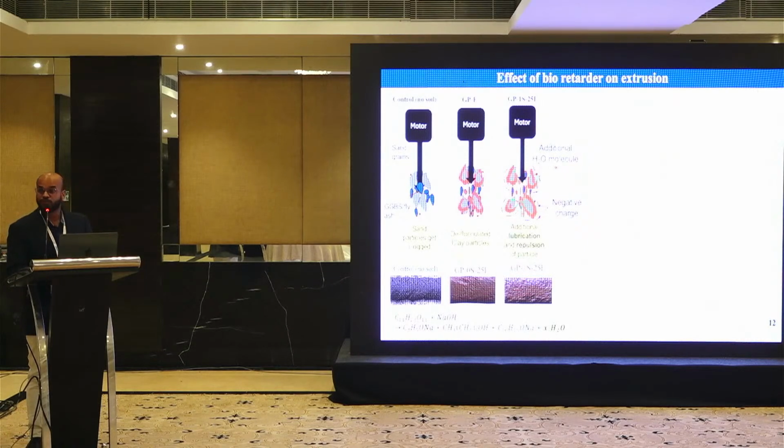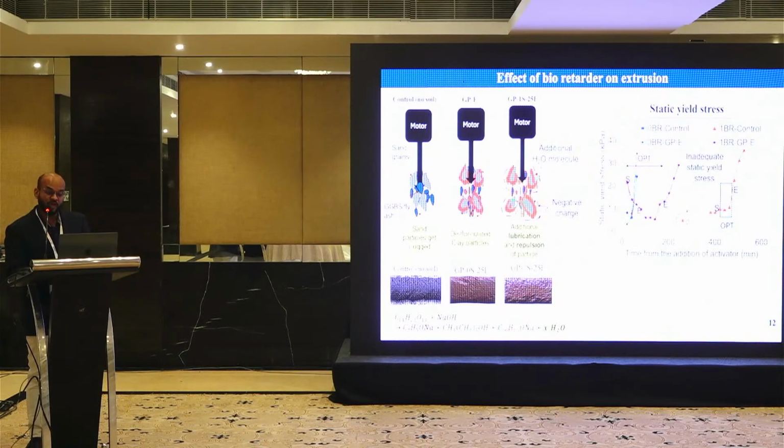Here the sucrose, added as a bio-retarder, produces additional water and also induces negative charge. In the soil-based material, the open printing time was improved by 8 to 9 times, which was seen in the stress graph.